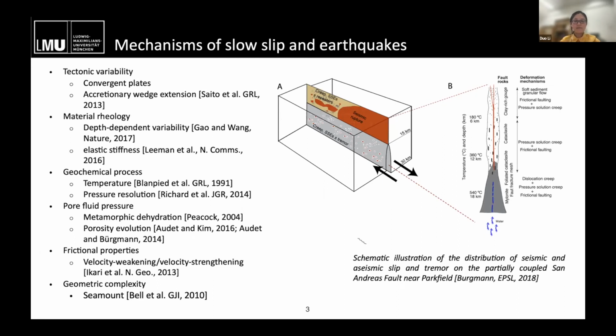I list some here, and the figure on the right is a model for a crustal fault based on the San Andreas fault, but it includes almost all of these key characteristics in the source of earthquakes and slow slip events. For example, the different tectonic loading and the depth variation of rheology from brittle frictional rupture to viscous flow.